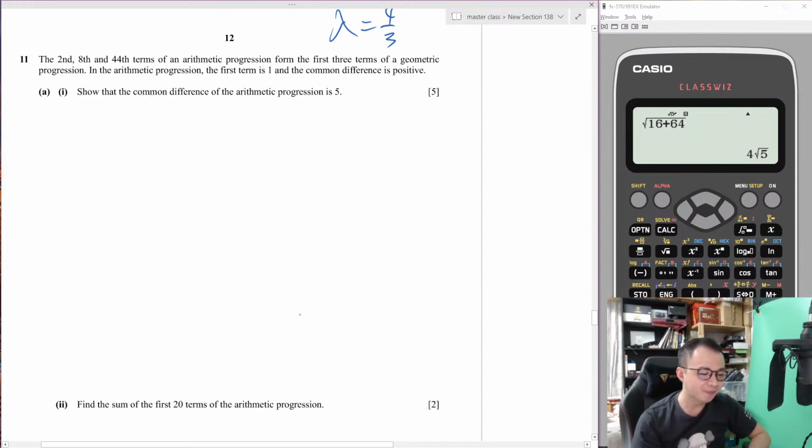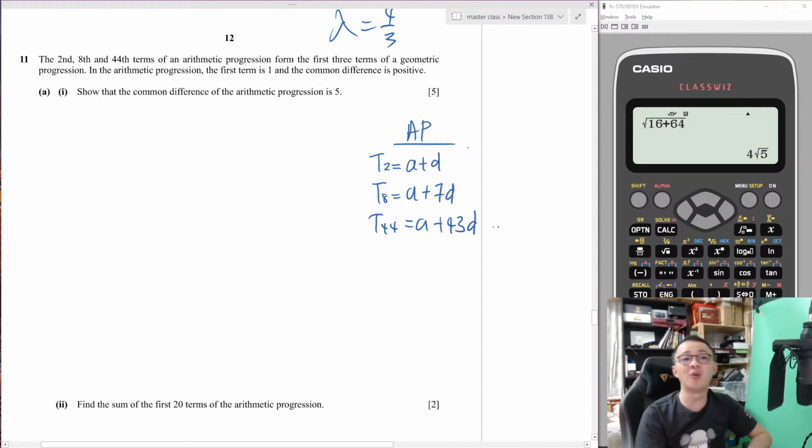For AP, the second term is A plus D for T2. T8 is A plus 7D. T44 is A plus 43D. This is just using the formula A plus n minus 1 D. They say all this information forms the first 3 terms of a GP. So in the GP, these become the first term, second term, and third term.